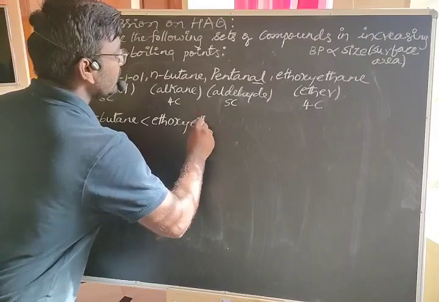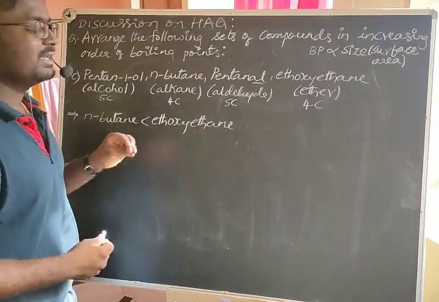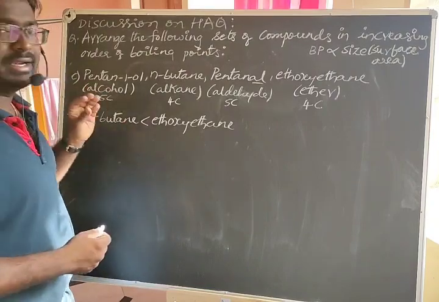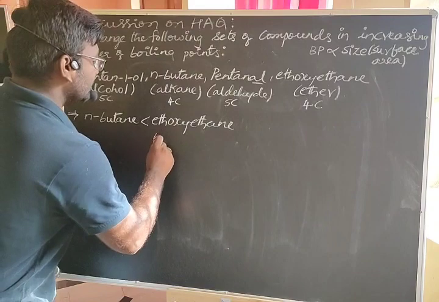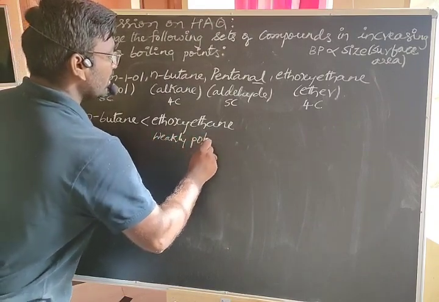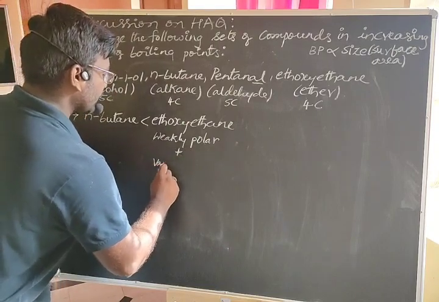It is an ether. Along with the van der Waals forces of attraction, it can have little sort of polarity in this molecule. So it is a weakly polar molecule. Plus it has van der Waals forces of attraction.